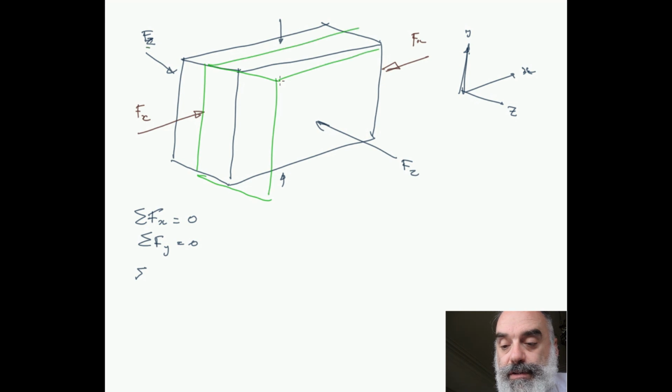So our structure would try and slide along the ground in the positive z direction. Okay.